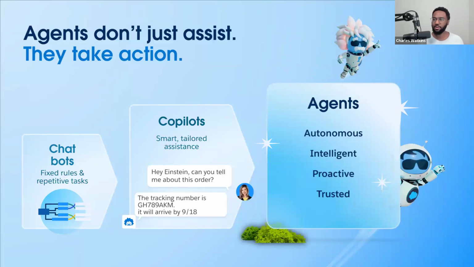They can provide tailored assistance, but they are passive because they are generally assistants. And today we live in the age of agentic AI and agents. These are an evolution of copilots because not only are they smart, but they're autonomous, they're intelligent, they're trusted, and most important of all, they're proactive. They'll do the job. It's the difference between getting in your car and using cruise control and hopping in a Waymo and having it take you there.